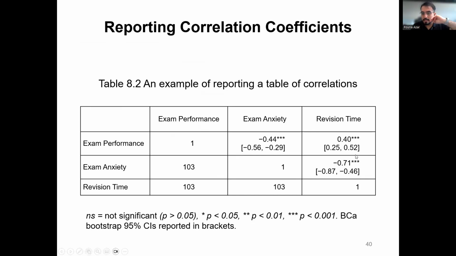We also have three asterisks for exam performance and revision time, and exam anxiety and revision time. I would say there is a positive correlation between exam performance and revision time because the value is plus, it's not minus. But there is an inverse correlation between exam anxiety and revision time because we have minus 0.71.